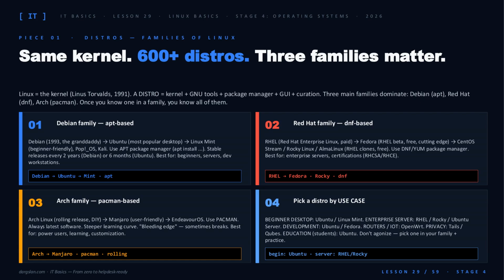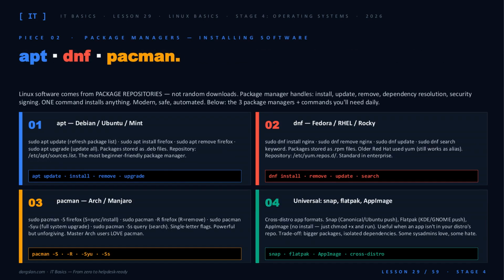For help desk work, start with Ubuntu on the desktop and expect Rocky or RHEL on the servers you SSH into. Now, those 3 families each have their own way of installing software. And this is where Linux actually shines over Windows. You don't hunt down installers on sketchy websites. Software comes from curated repositories, signed and dependency resolved.